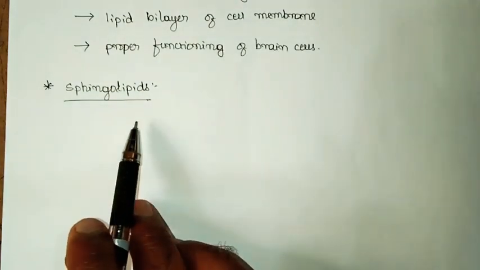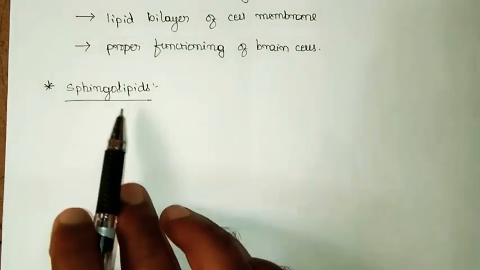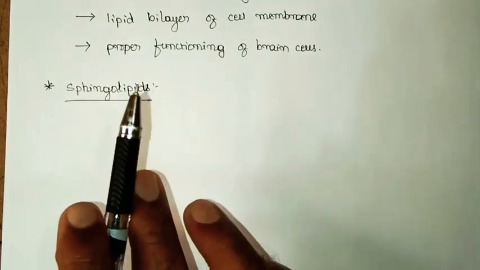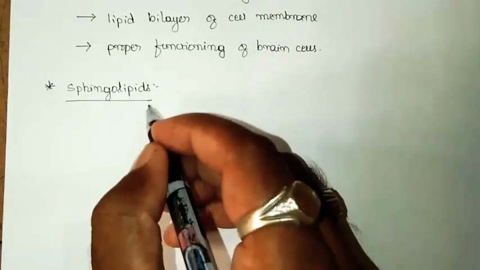Sphingosine is actually a long chain amino alcohol consisting of 18 carbon atoms, and the hydrocarbon part present in sphingosine is unsaturated. Now we shall see the structure of sphingosine.